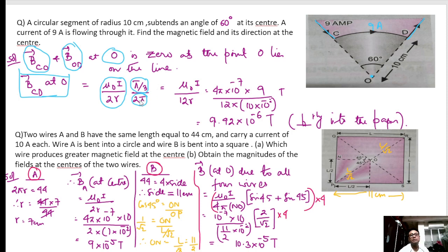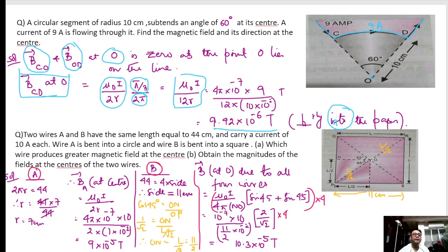Putting the value of I, mu 0 is 4 pi 10 to the power minus 7, and r, we get the magnetic field. Because the current flowing is clockwise, it will be perpendicularly into the paper. Clear?